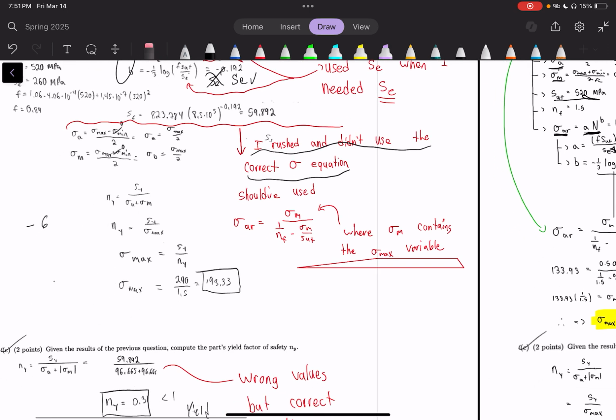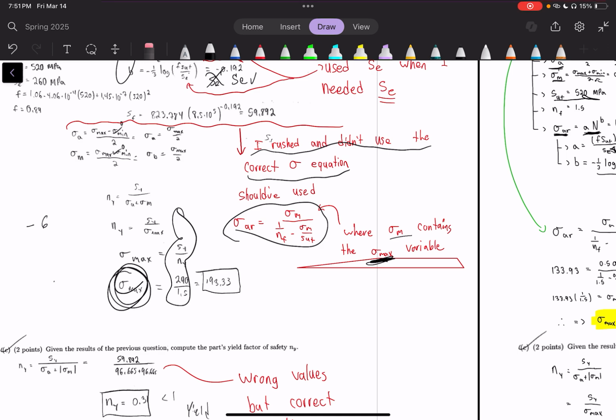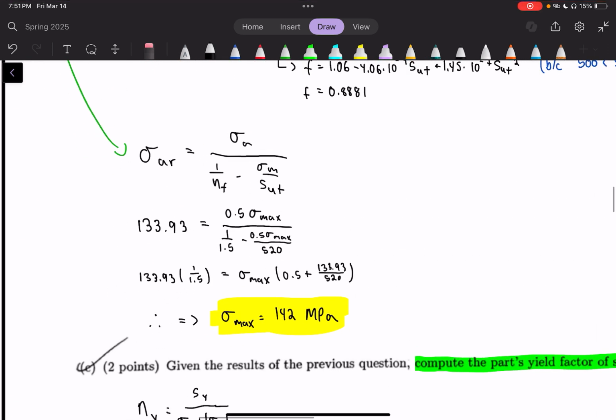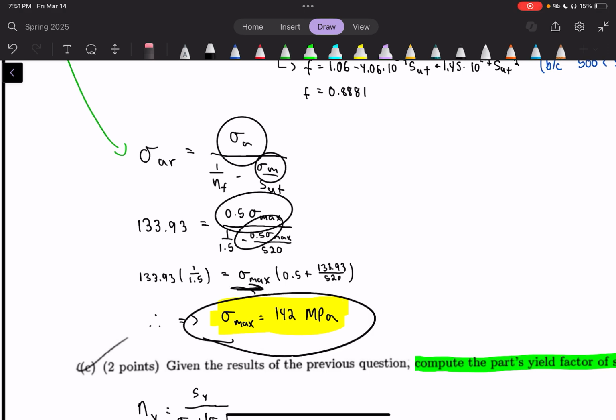I know 10 minutes isn't that much time, but I really should have used this equation where the m contains that max stress variable. Instead of trying to solve it like I did here, we want to keep it in terms of just that max. Once I knew that, I was able to plug in that value and solve for it, and we get a value of 142.